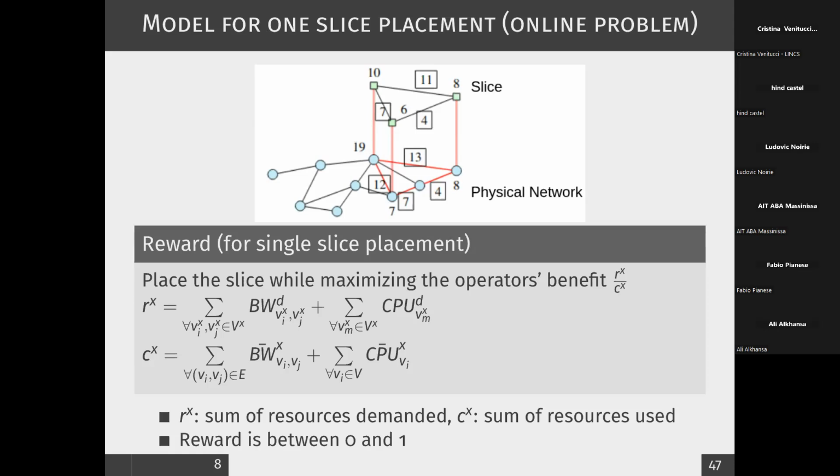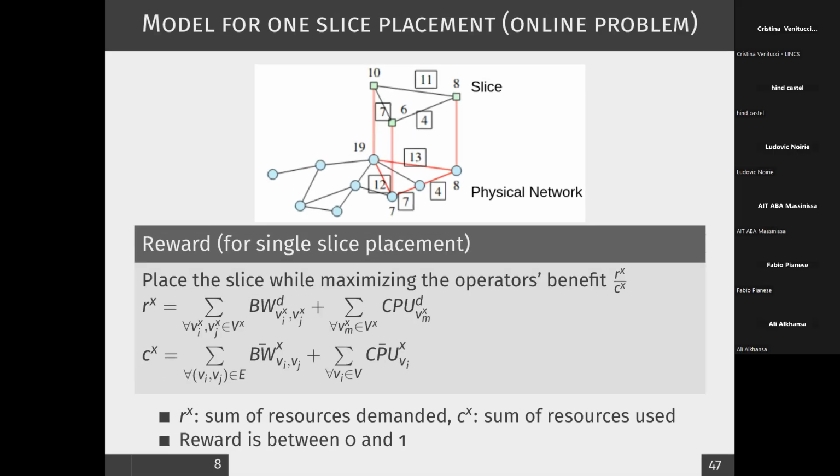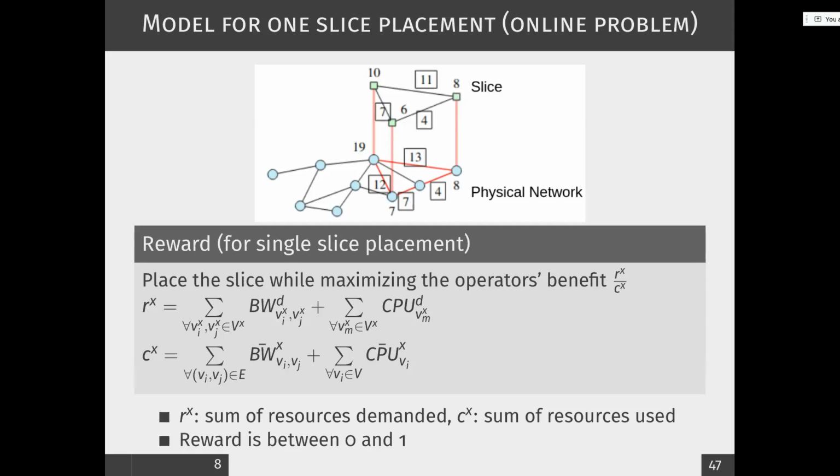And the cost is the number of resources you have to use to run the slice. What's nice with this function is that it is always between 0 and 1. So it's a nice way to evaluate the quality of the placement, because if you place a slice such that all the paths are of length 1, then you obtain a reward of 1. And 0 would be when you fail to place, when you don't find a physical placement.